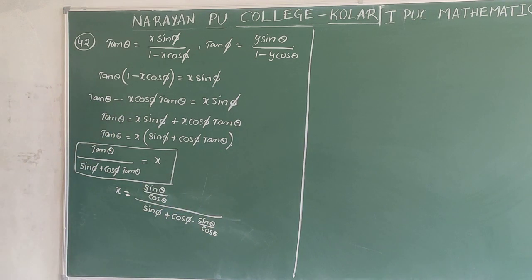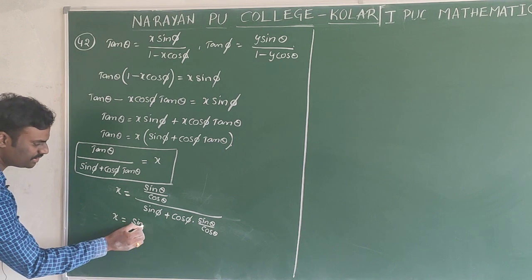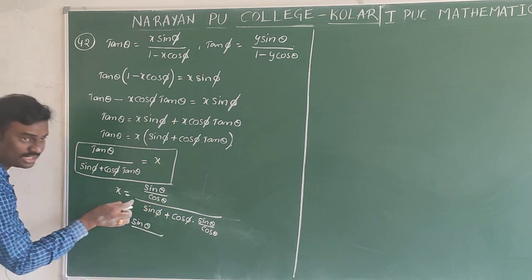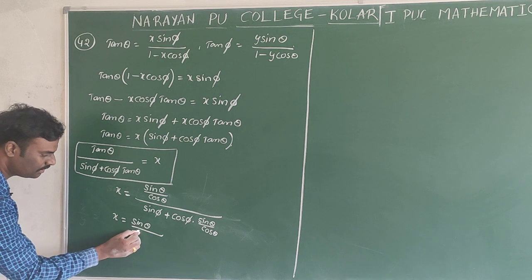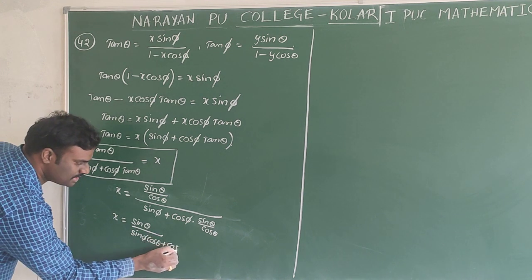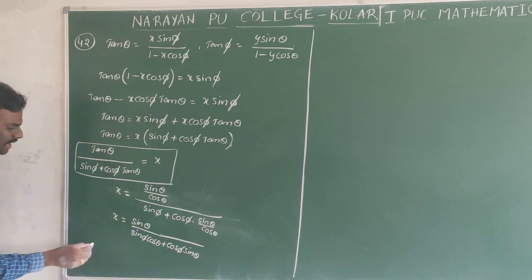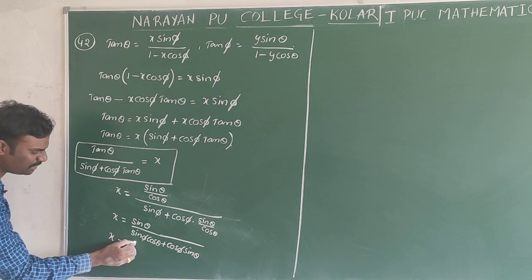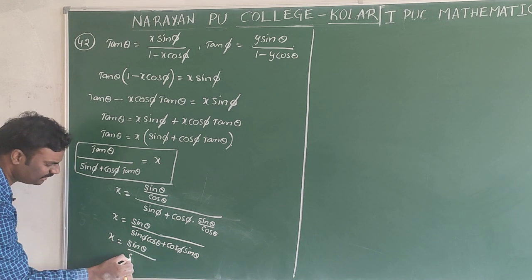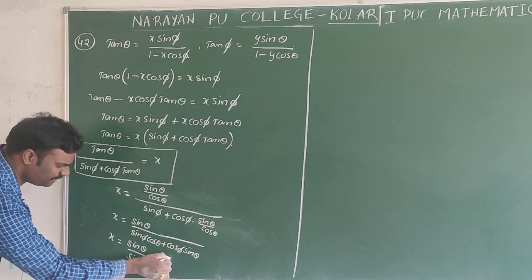If you take LCM, both LCMs get cancelled. x by y is equal to sin theta by, this will come here, sin phi cos theta plus cos phi sin theta. Both LCMs get cancelled. The denominator is in the form of sin A cos B plus cos A sin B. That is sin of A plus B.